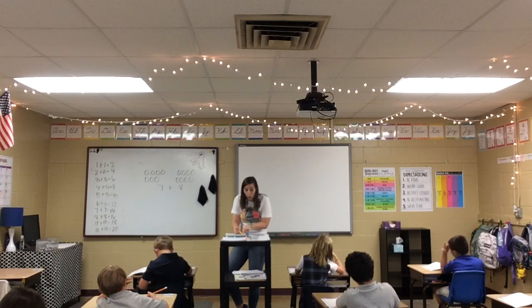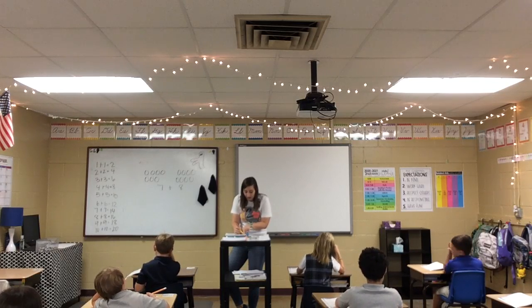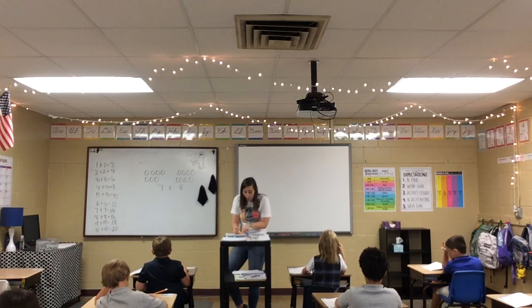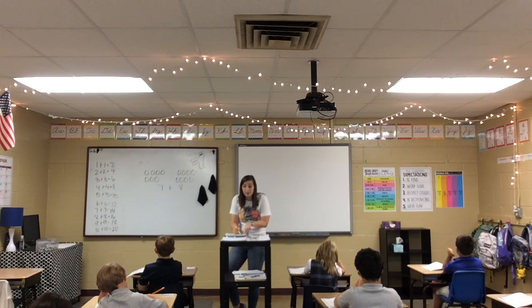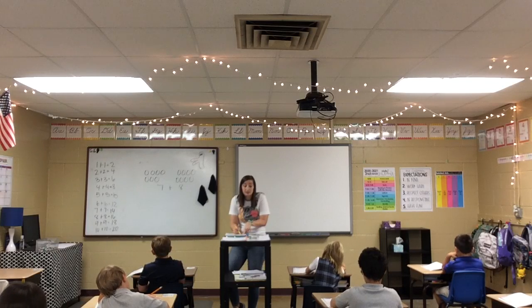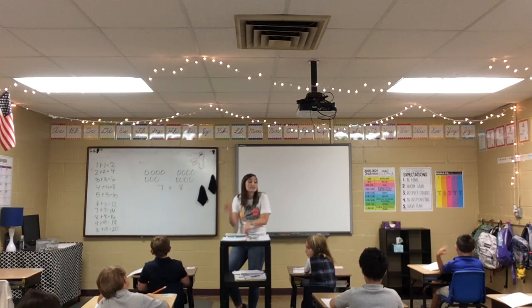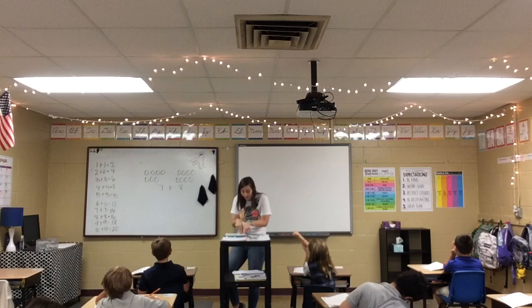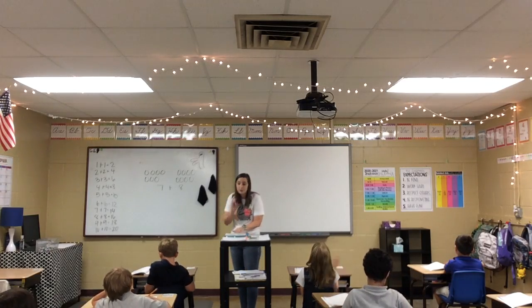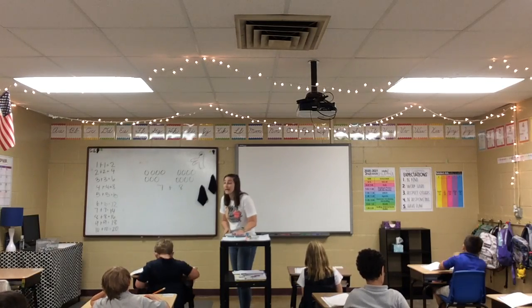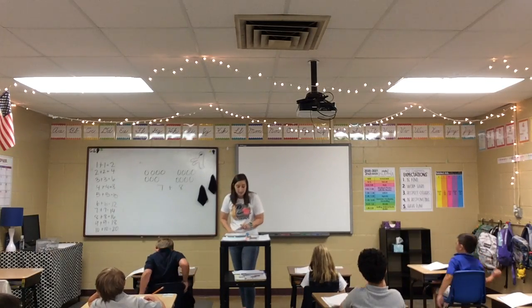Since 8 is 1 more than 7, 7 plus 8 is 1 more than 7 plus 7. So 7 plus 7 is 14, plus the 1 extra is 15. Now, if we're doing doubles minus 1, okay?